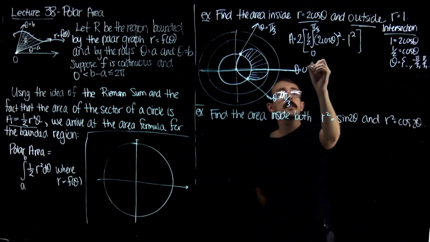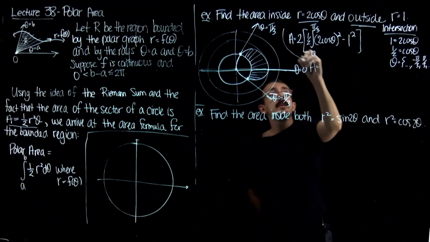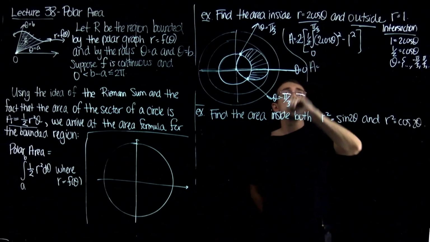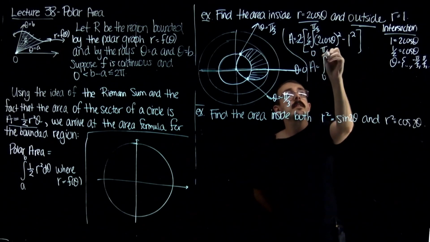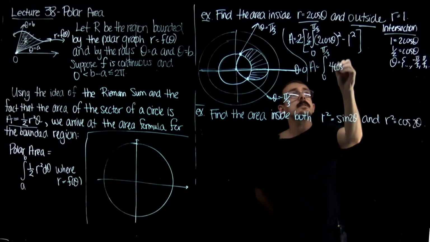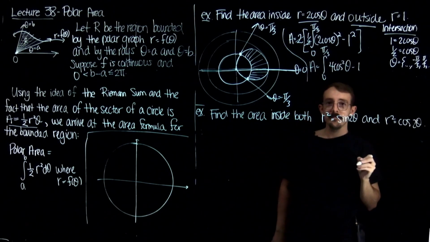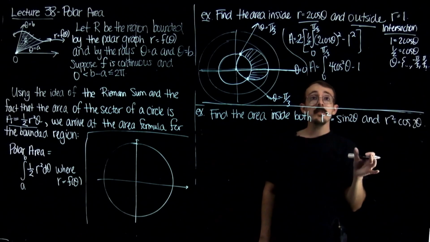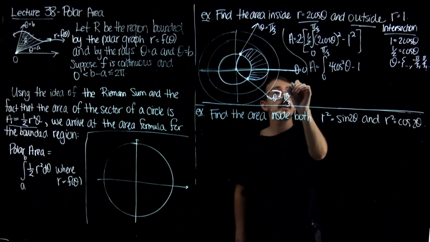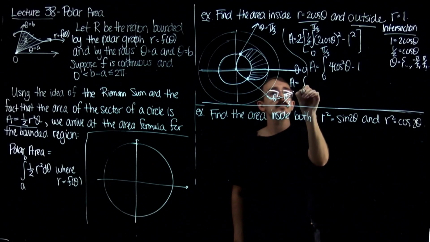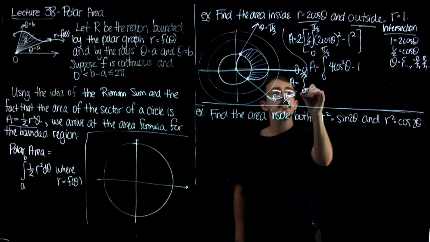So let's go ahead and do the calculation. So 2 times 1/2, that's just gone. And then here I have the integral from 0 to pi over 3 of 4 cosine squared theta minus 1. So continuing from here, I'm going to use the formula for cosine squared. So this equals the integral from 0 to pi over 3.